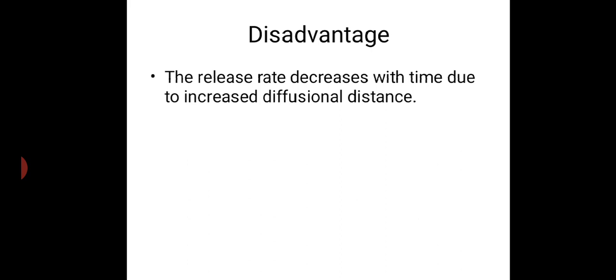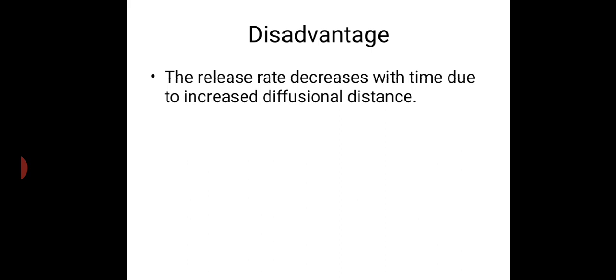This distance we call the diffusional distance. Whereas the drug molecule present at the edge of the tablet can easily jump into the dissolution fluid without any time delay, without any time gap.